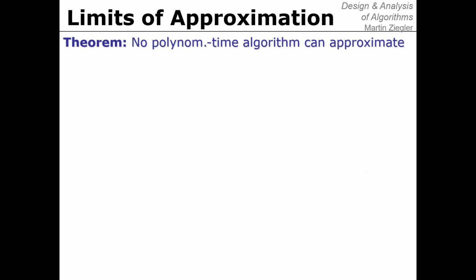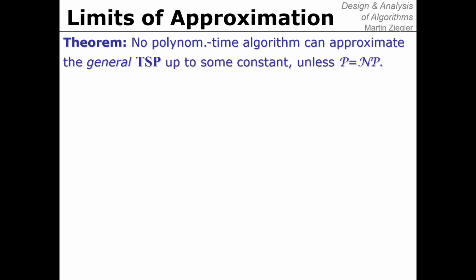So last theorem: we cannot approximate the non-metric traveling salesperson problem unless P is equal to NP. Of course, if P is equal to NP, then all these considerations become meaningless, right? Then we can solve all these problems exactly.